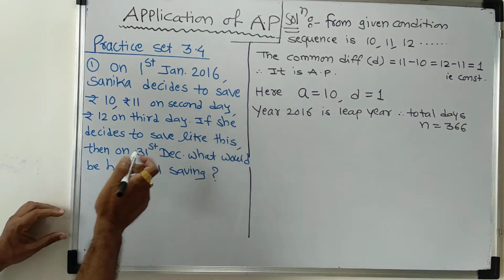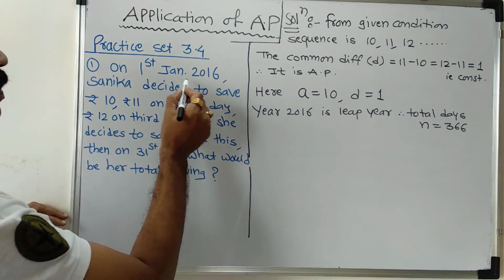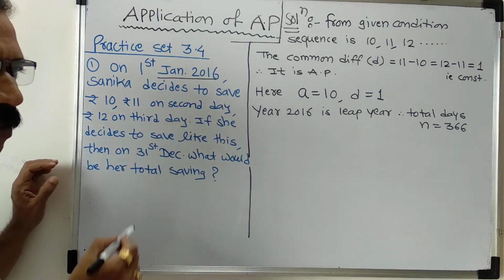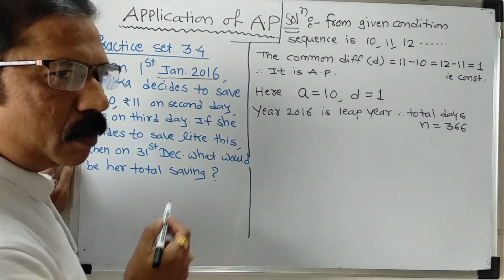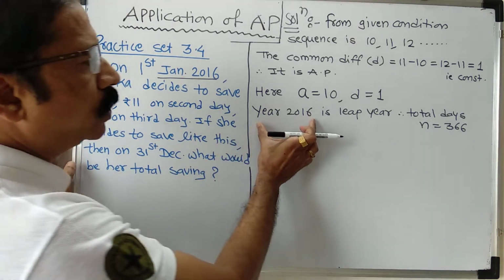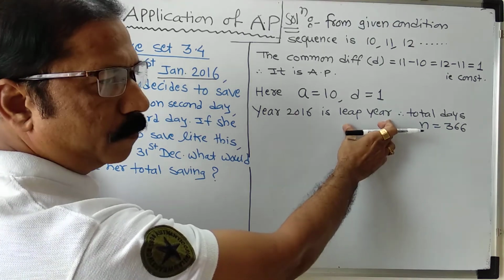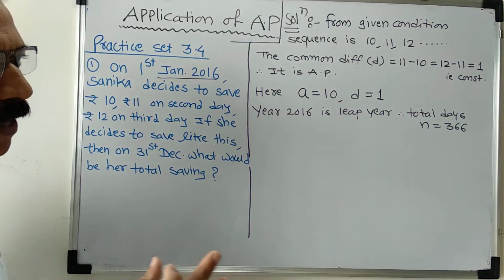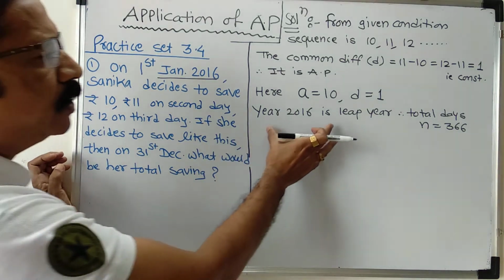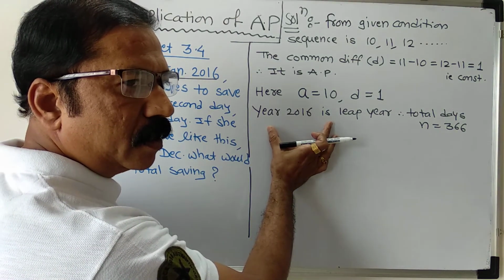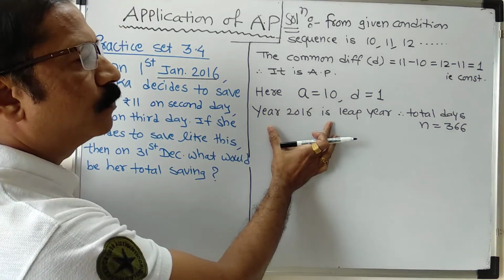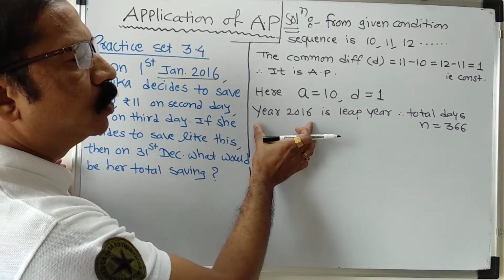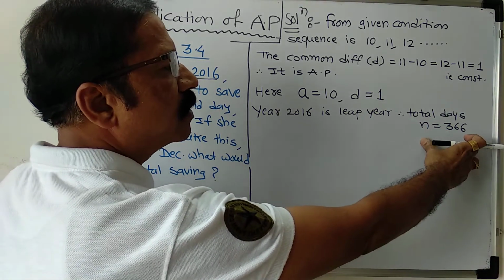And the given year is 2016. 2016 means it is divisible by 4. So year 2016 is a leap year. And you know, in every leap year, one day is extra. In a regular year, the total days in a year are 365. But as it is a leap year, the total number of days is 366.